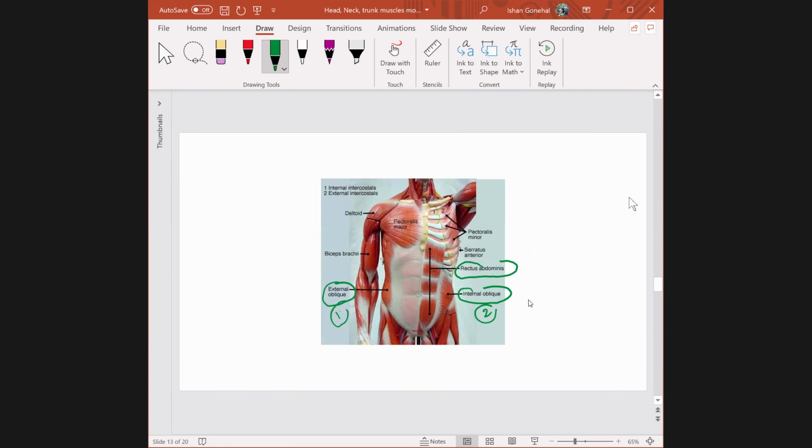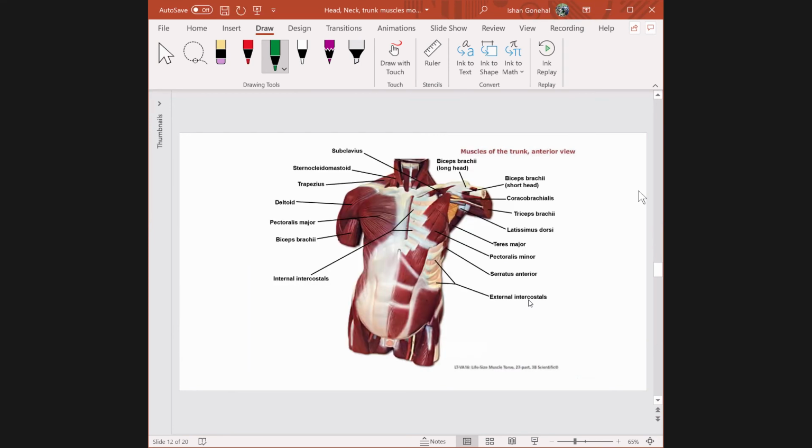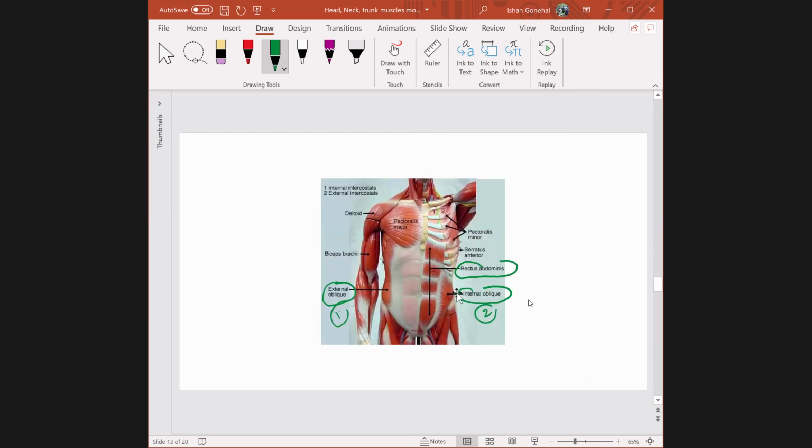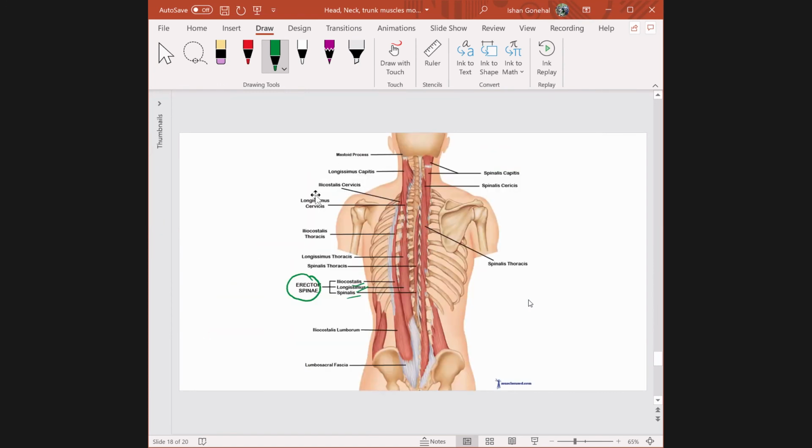One second, let me go back. This one is epicranius, or this occipital belly. Then we talked about head and neck, sternocleidomastoid, which is a side muscle. Behind it, you have splenius capitis. Muscles of the vertebral column, which is rectus abdominis, external oblique, internal oblique, and transverse. Including this, we also talked about the erector spinae group, a group of muscles that extend all the way in the back near your vertebral column and help in moving it.